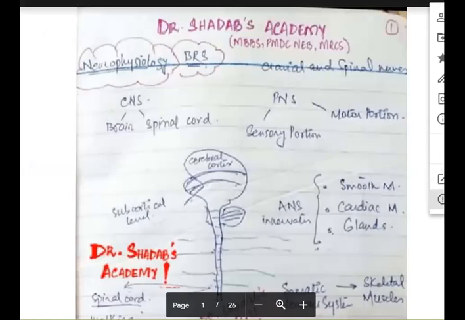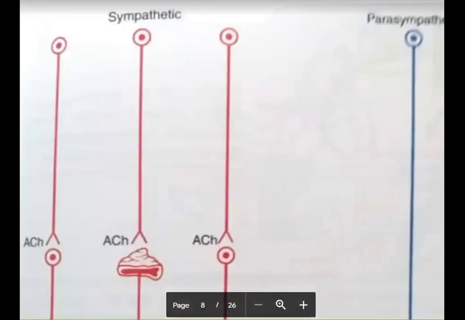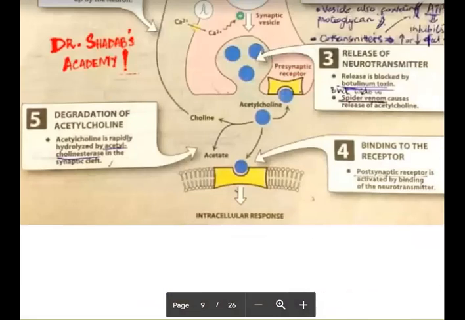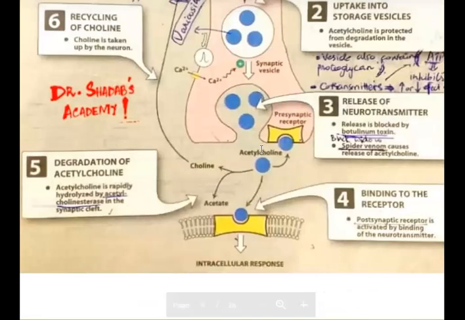Wait a second, let me open it in another tab so that it may not get closed. Okay, here people, you see in the synaptic cleft, when acetylcholine is released, it is destroyed via an enzyme called acetylcholinesterase.